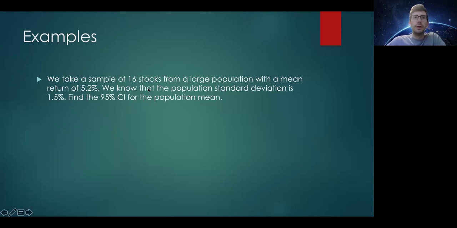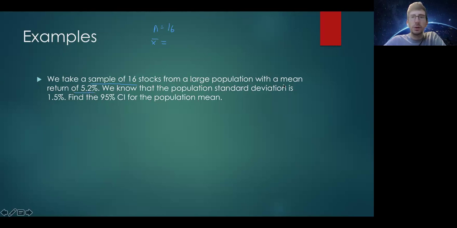So in this example, we have a sample of 16 stocks. We need our sample size, which is given to us there, a sample of 16. We need our sample mean. The wording of the question here is a little unclear: from a large population with a mean return of 5.2%.